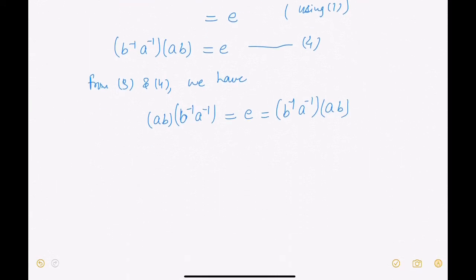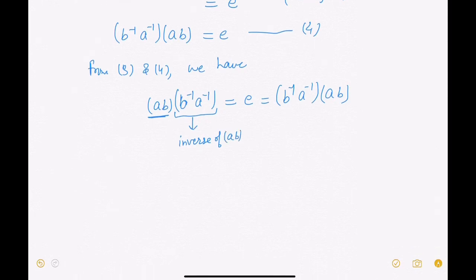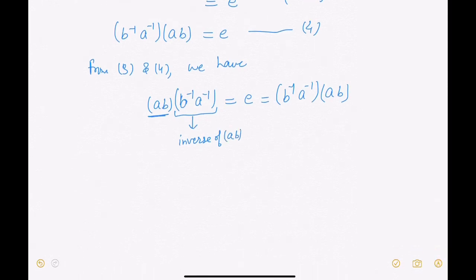This shows that this element B inverse A inverse is the inverse of the element AB.